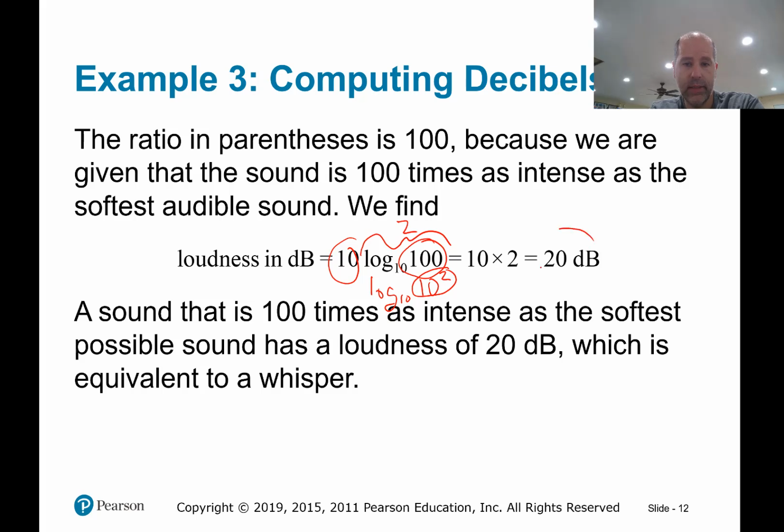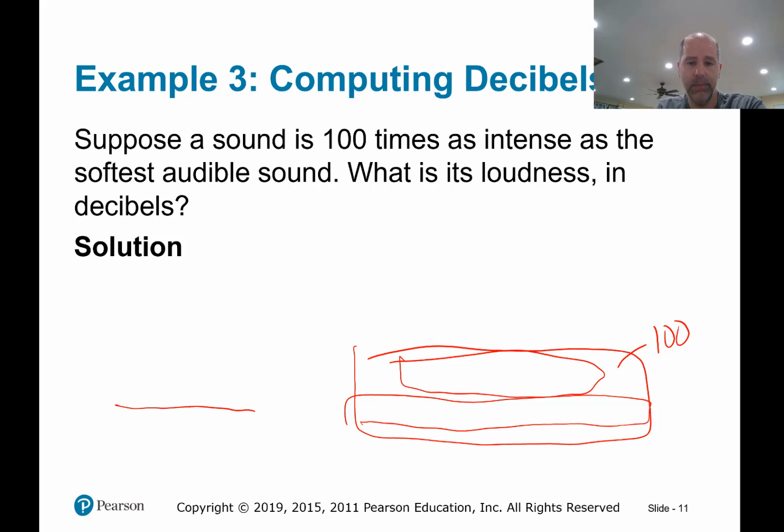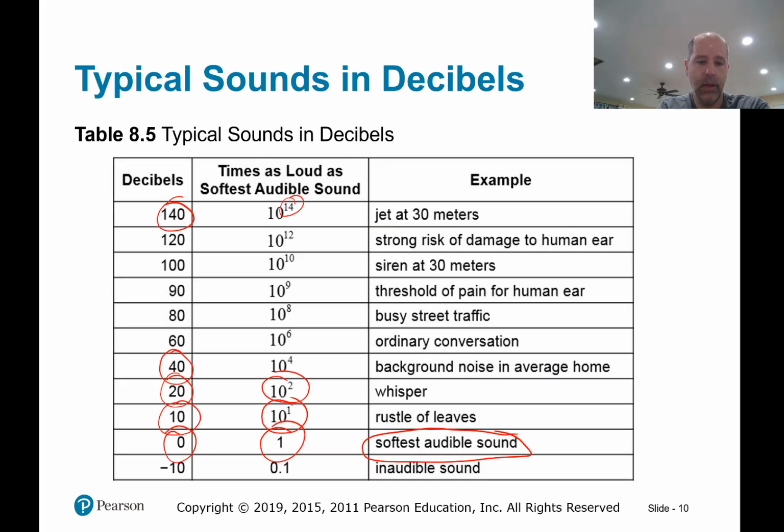So the decibel level is going to be 20, which makes sense because if we go back to the scale, 100 is right here, 10 to the second power, which gives us 20 decibels, which is basically equivalent to a whisper.